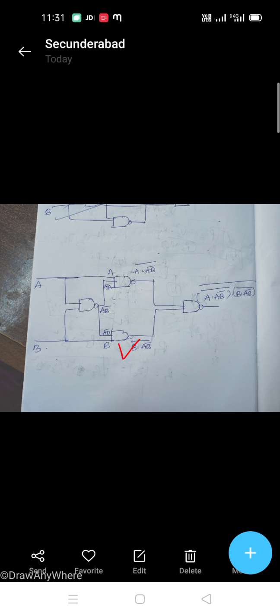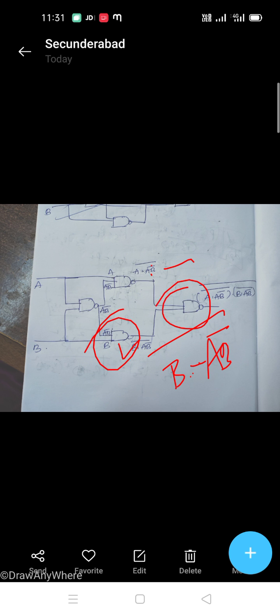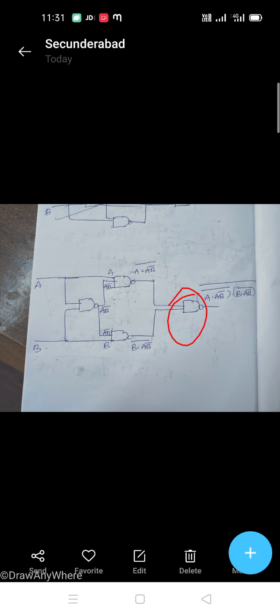And coming to the output of this NAND gate, the inputs are B and AB bar, so B into AB bar, whole bar. This is the output of this NAND gate, okay. So I am giving both of these as inputs to another NAND gate. So what is the output of this NAND gate? This is the output of this NAND gate, okay.